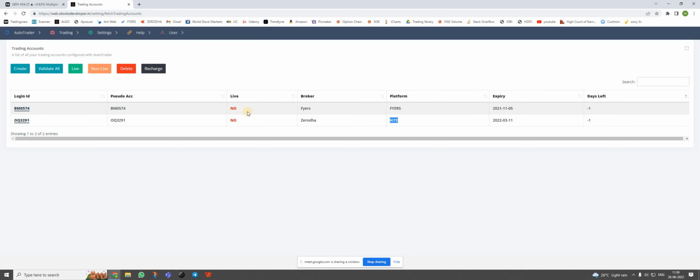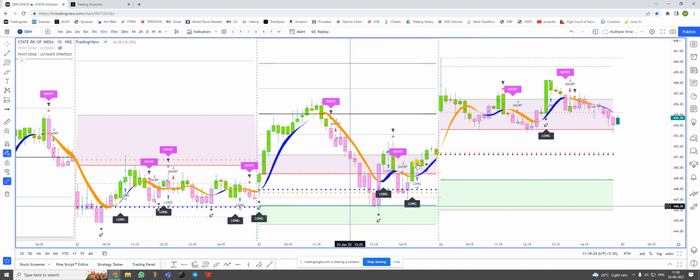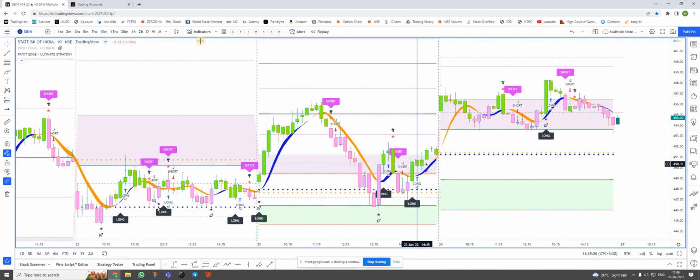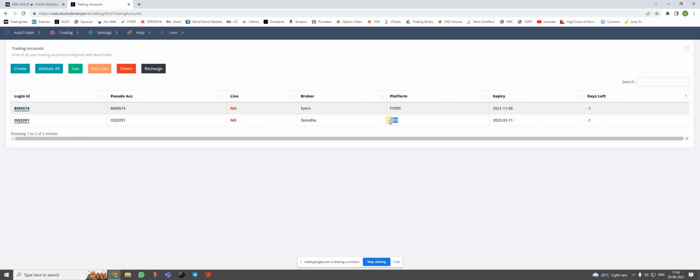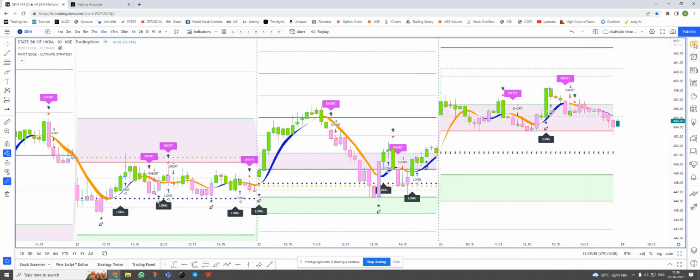So from whichever account I want, I can link and make it a live account, put capital and start trading. So to that account, signals from this TradingView, my indicator will be fired, and that will buy and trade. Either you have Fires, Kite, how many other accounts you want, you can put. It will trade automatically. So like this we can do.